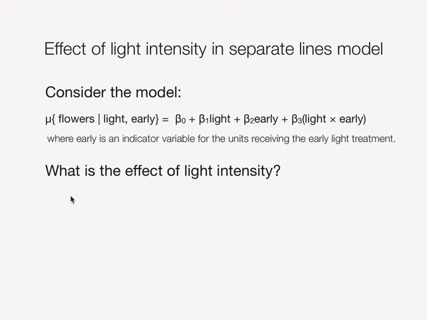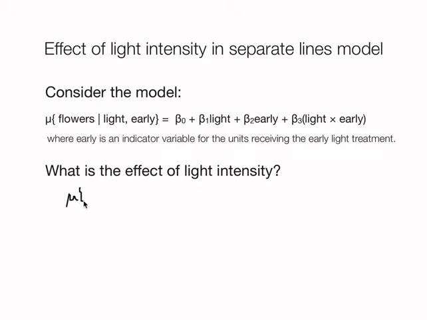Just like whenever we're trying to calculate an effect, the first thing we want to do is set down the difference in means that we're interested in. So we're going to be interested in one mean number of flowers where the light intensity is increased by 1. I'm holding all the other variables constant, so I'm just going to represent early as itself in the model.